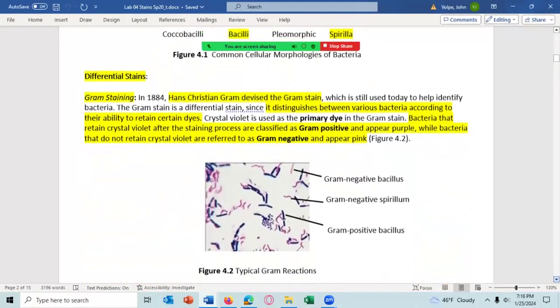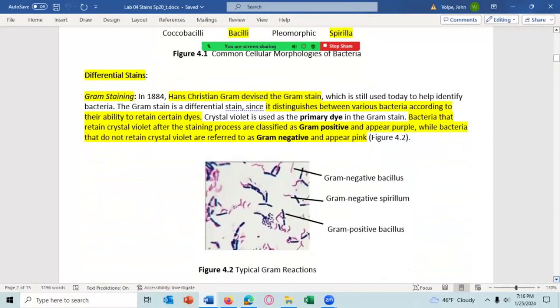All right, let's talk about the differential stains. The most important and the most commonly used differential stain in microbiology is the Gram stain. This is a stain invented in 1884 by Hans Christian Gram.